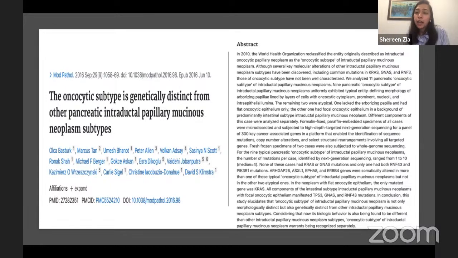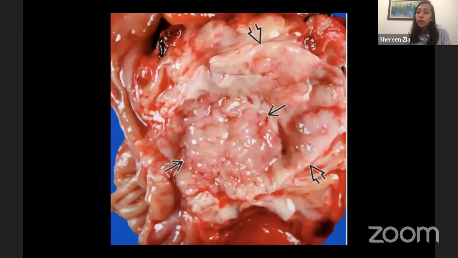Instead, another genetic alteration was found in there, called PRKACA-DNAJB1. That's also seen in fibrolamellar hepatocellular carcinomas. That's why in the new WHO they are categorized as a separate entity.